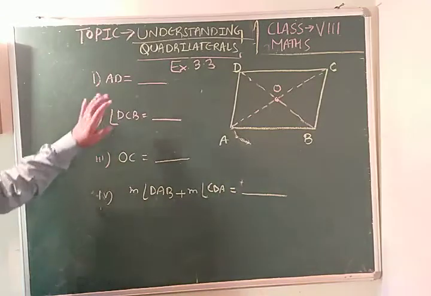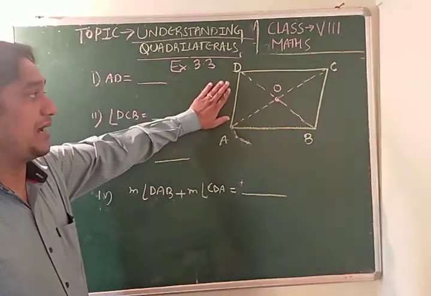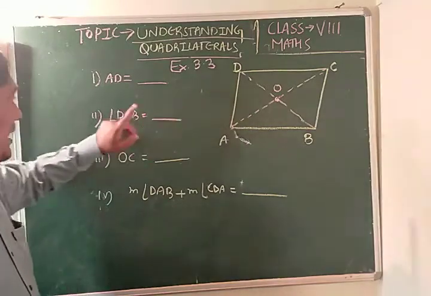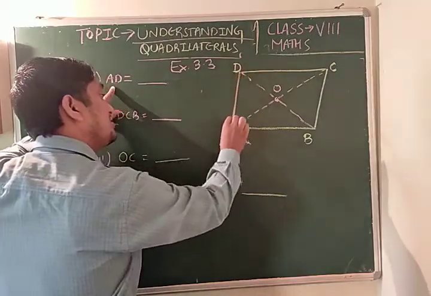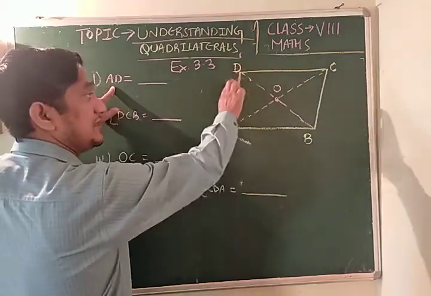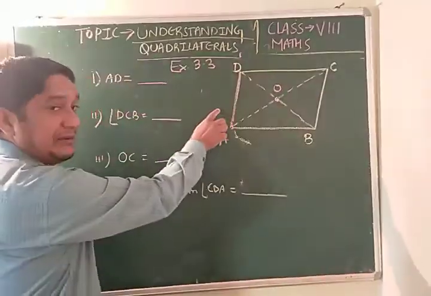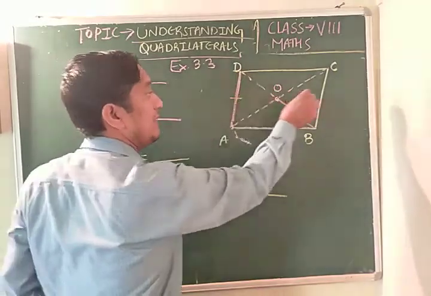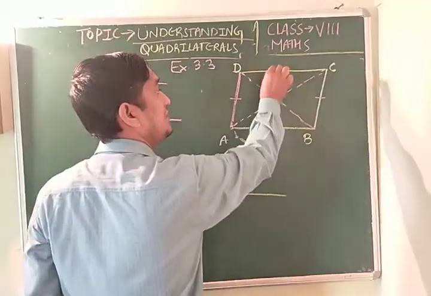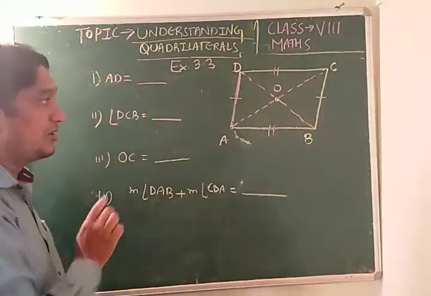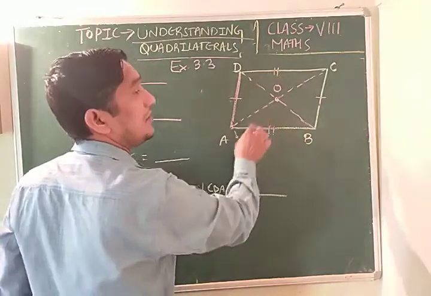Now children, we have to complete these statements according to the properties that we use for the parallelogram. This is a parallelogram and this is the side AD. So children, we know that these are the sides of the parallelogram, and in a parallelogram this side must be equal to this side and this AB must be equal to this side, because the property is, opposite sides of a parallelogram are equal.